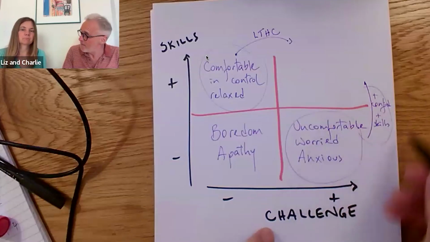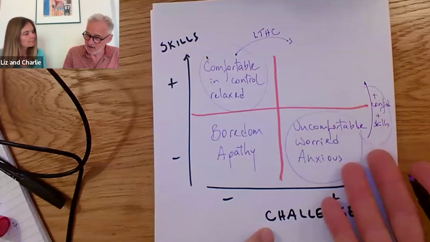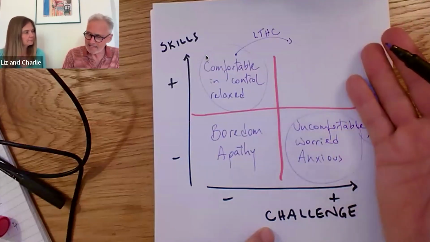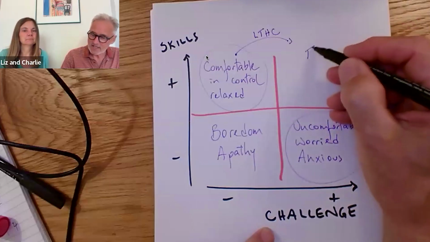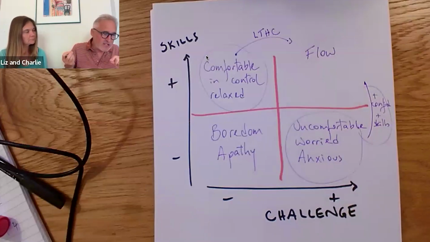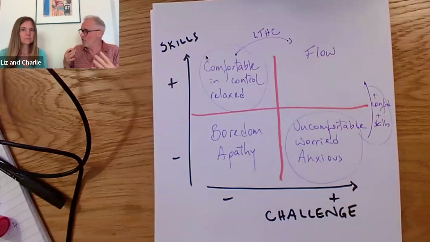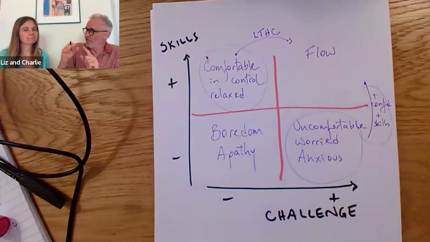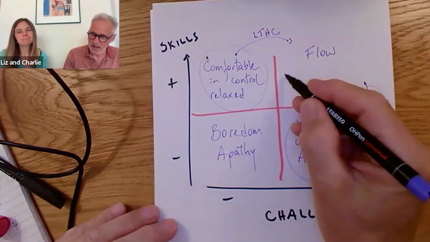And if we manage to achieve this shift into here, this is where Csikszentmihalyi says you're in that state of flow. The state of flow is when there's a balance between what needs to be done and what you can do. So we might talk about working in the zone of proximal development.